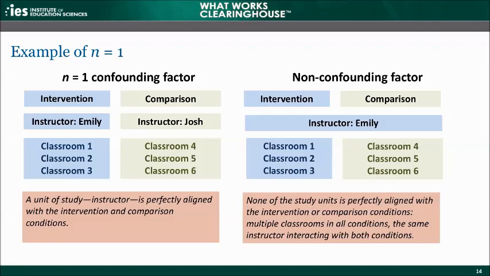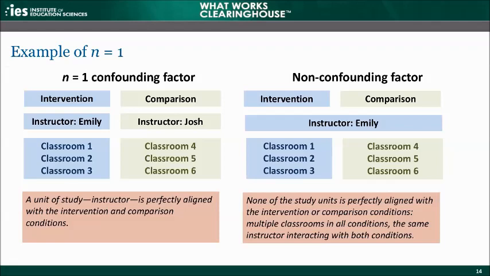There is a single instructor in each condition, and this is really important, there is no overlap between the instructor and condition. No overlap means that there is an n equals 1 confound. We cannot separate the effect of the intervention from the effect of a single instructor in each condition.